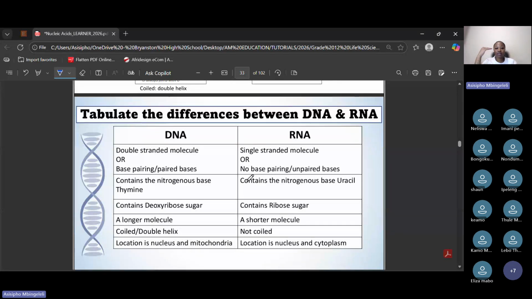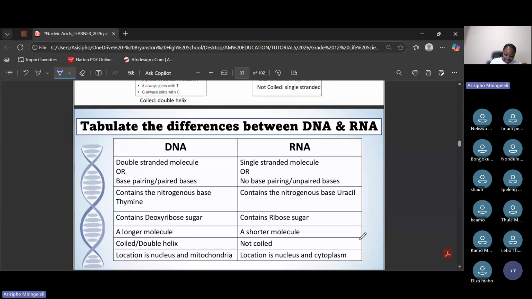I would say the first four that I've mentioned are very important. The last two, in the previous 2 years, they haven't really been entertaining them that much. Not that they are entirely incorrect, but they're not really emphasizing them. It's all about these points: one is single-stranded, the other is double-stranded, the nitrogenous base, the type of sugar, and the length of the molecule. So please try and remember this table.